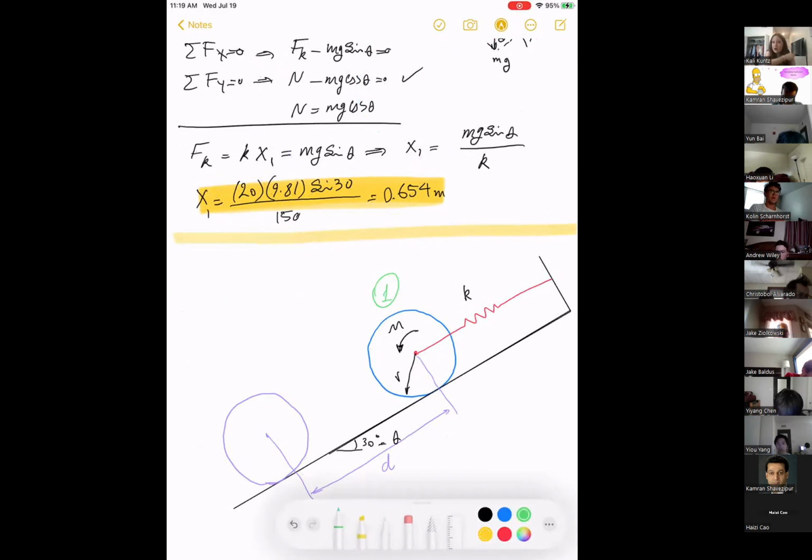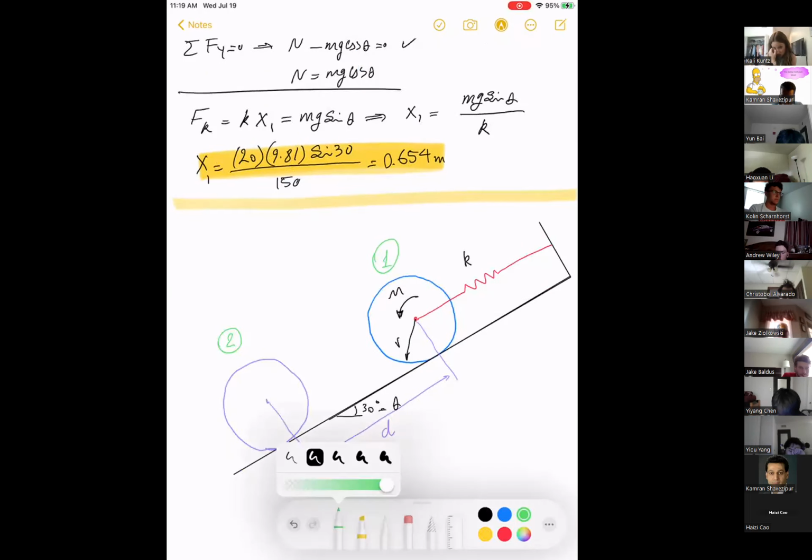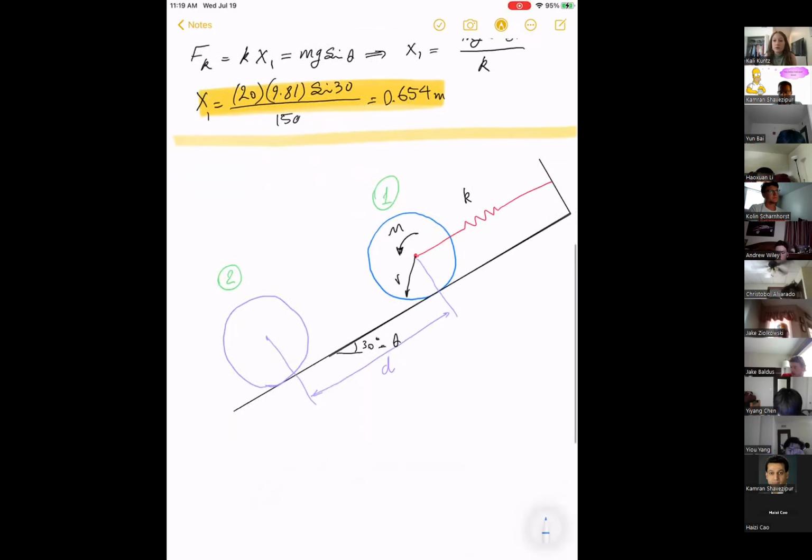And let's say we go from position 1 to position 2. Obviously, I'm going to use the work energy method. What is the equation I'm going to use? The equation I'm going to use is the principle of work and energy.